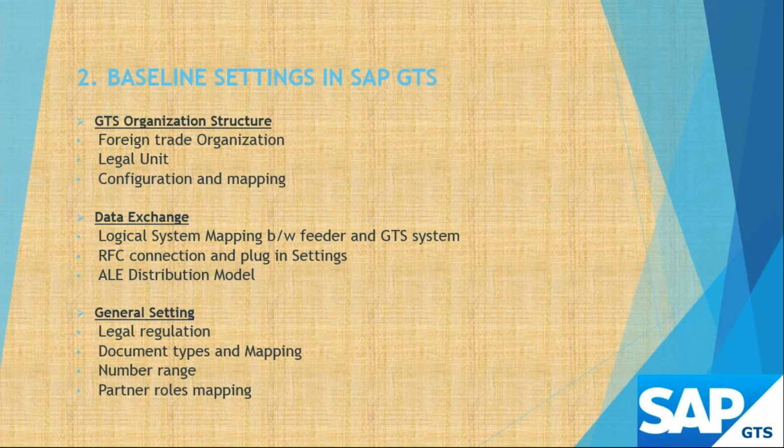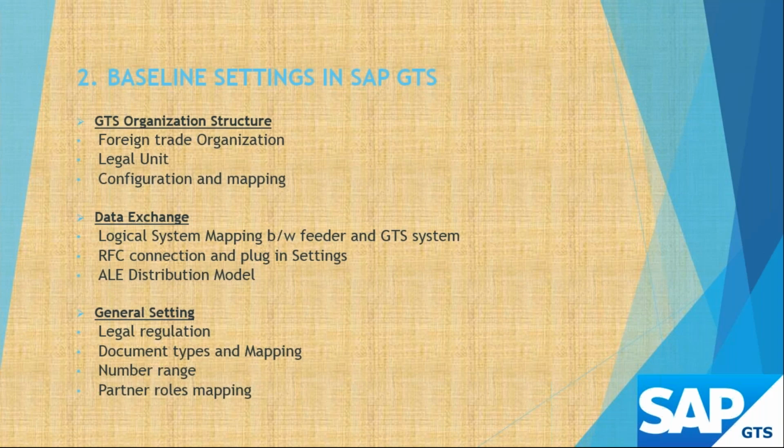Data exchange, like I said, is how the data moves. When you talk about data, it uses transactional data and master data, so I will be covering both. Here is again one important concept, the change pointer. I think this is not generally covered by trainers for GTS, but I am also including the change pointer concept.